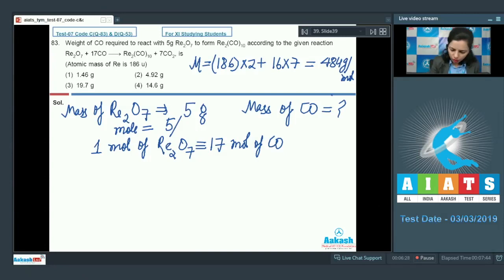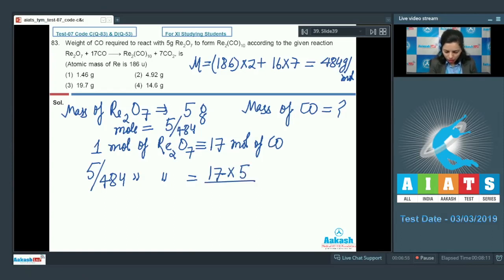Now just place the value here, 5 by 484. Now 1 mole of this needs 17 mole of carbon monoxide. So if you have 5 by 484 moles of Re2O7, then 17 into 5 by 484 mole of CO would be needed. Now, to find out the mass of CO, what you need to do?